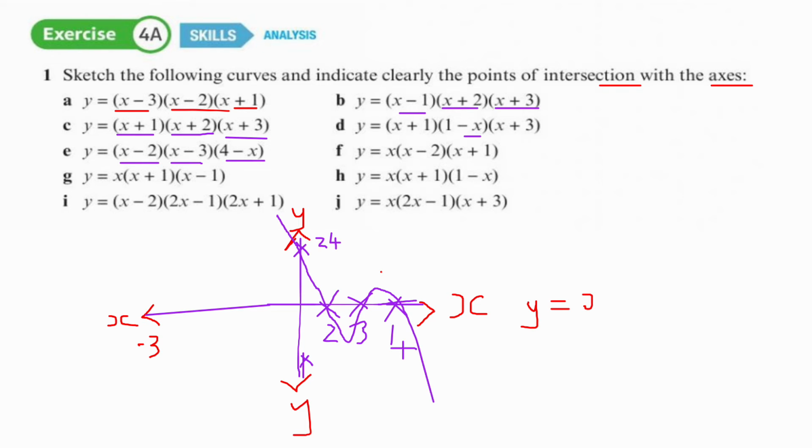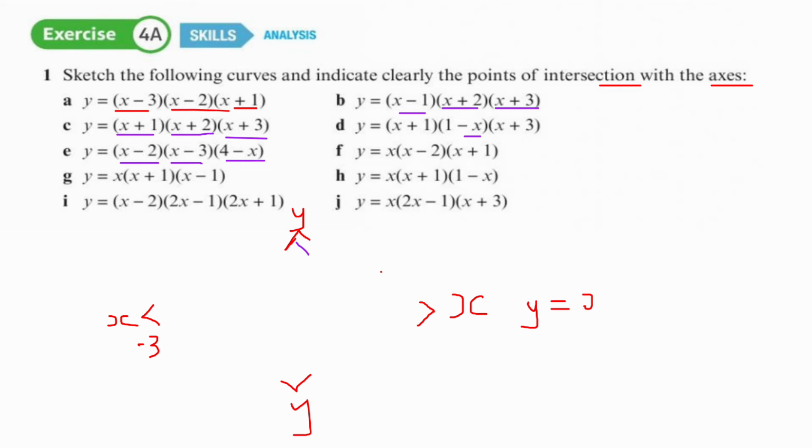For part F, the solutions are when x equals 0, x equals 2, or x equals -1, where it crosses the x-axis. So it crosses at 0, -1, and 2.